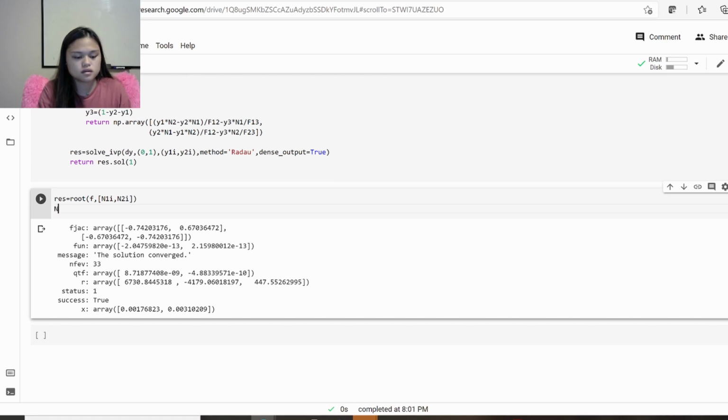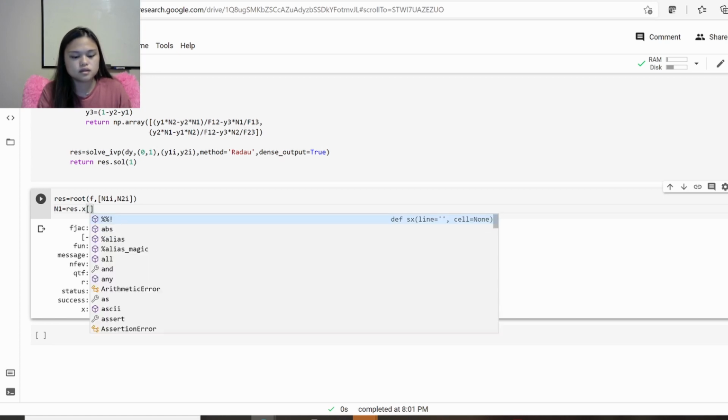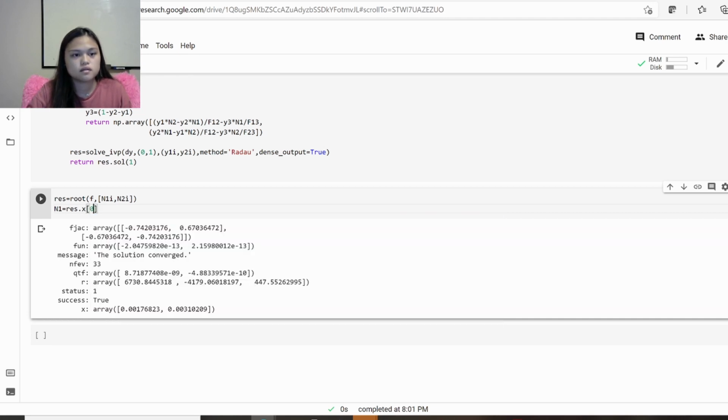And then change this so that we can use the correct molar fluxes, bringing back that x value, that correct molar flux for that.